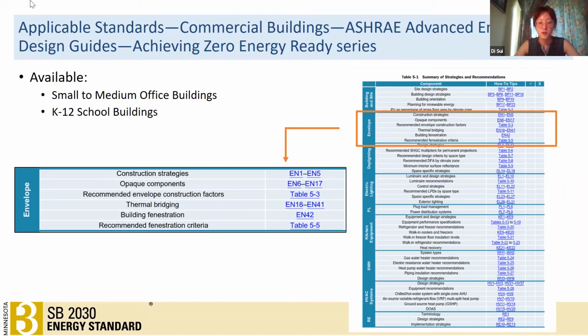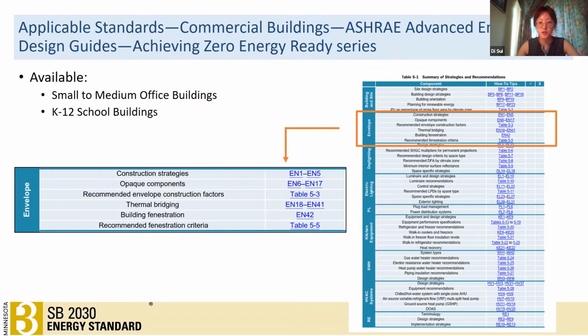And then going on to the last standard for commercial buildings, which is the Advanced Energy Design Guide, Achieving Zero Energy Ready series. This series includes two standards, one for small to medium office buildings, and the other for K-12 school buildings. The requirements are all listed under Chapter 5, called How-To Strategies.